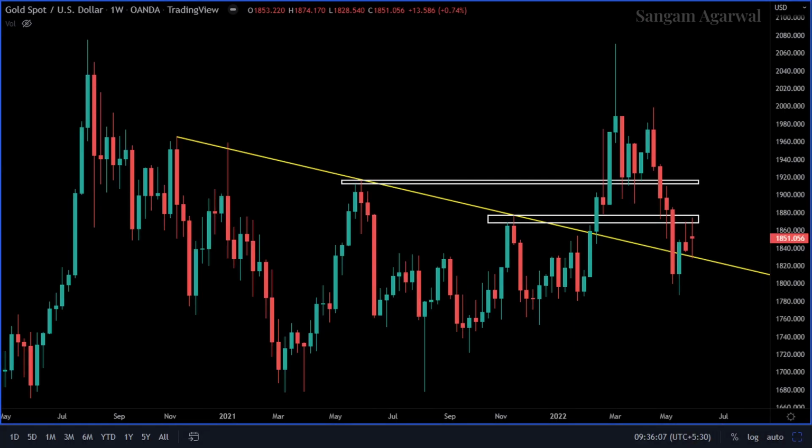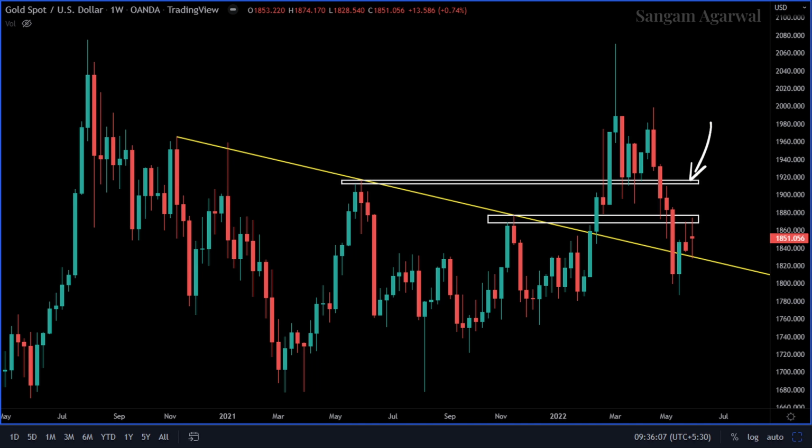And if you go to the weekly time frame, then you can see this strong trend line. Price is again testing outside this yellow trend line, and two weekly candles have retested this resistance area. And next is this upper resistance area on the weekly time frame.